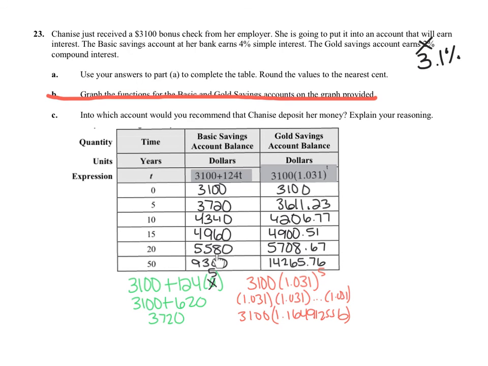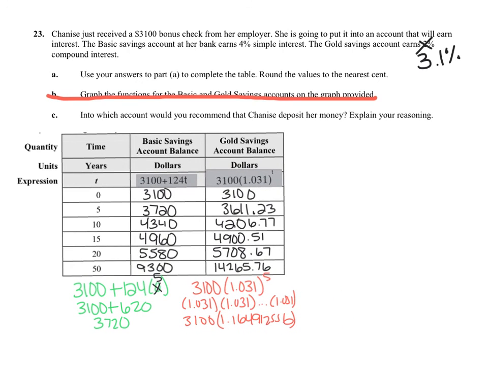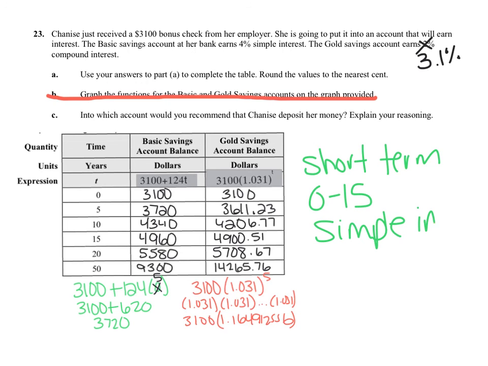Right when it goes to 20 years, our compound interest account now has more money than it. So you would want to say, if it was a short-term investment, if you were only looking for between 0 and 15 years, then you would want to do the simple interest account. If it was a long-term investment, something you were looking to do 20 years from now, then you would want to do the compound interest account.